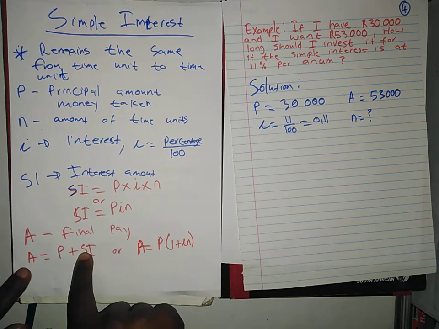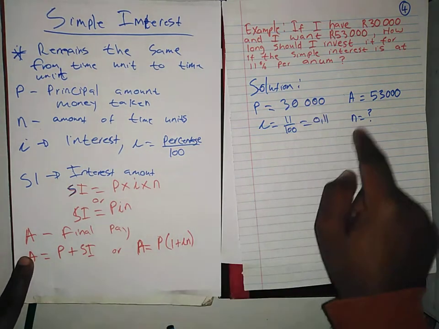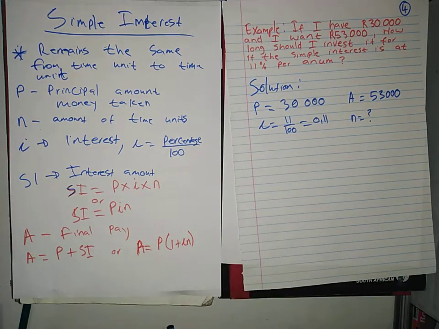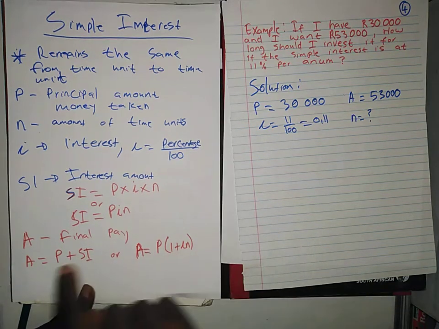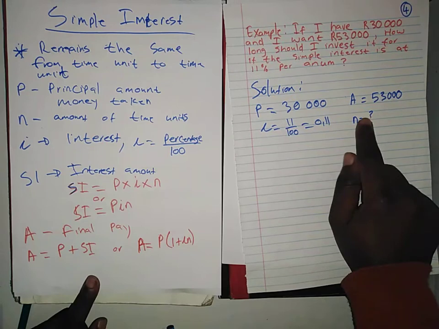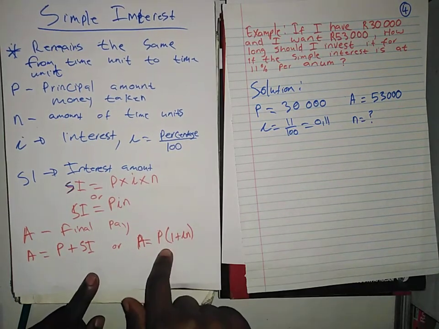You already have the final amount and the capital, so you can use this formula to find SI. But can you use this other formula? The reason you can't is because it doesn't have n. So that is why you go straight to the one that has n.